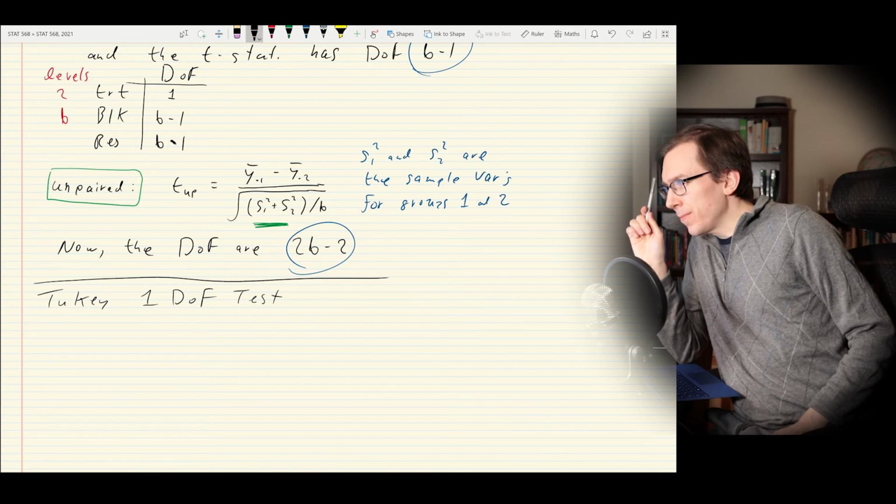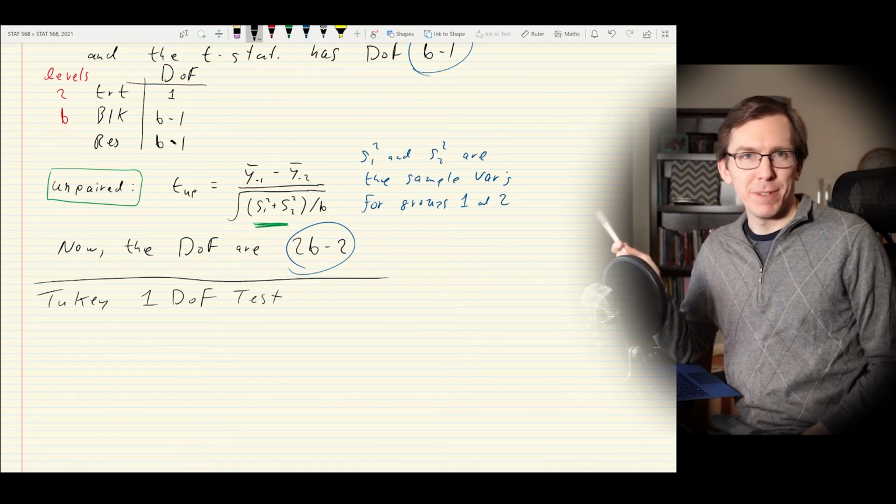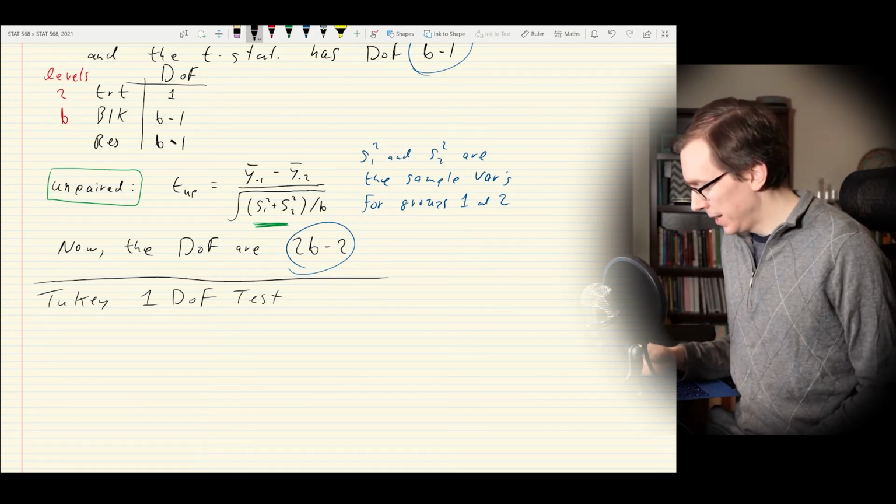Now, there's something about a multi-factor experiment, specifically the complete randomized block design, that I didn't mention earlier.